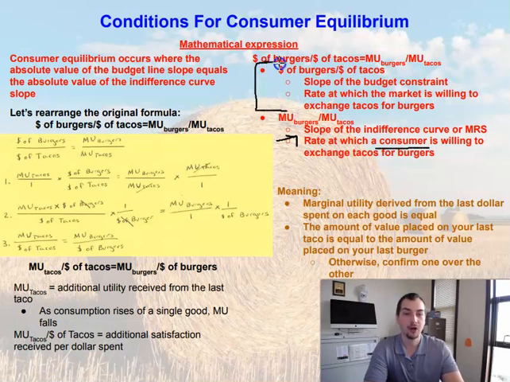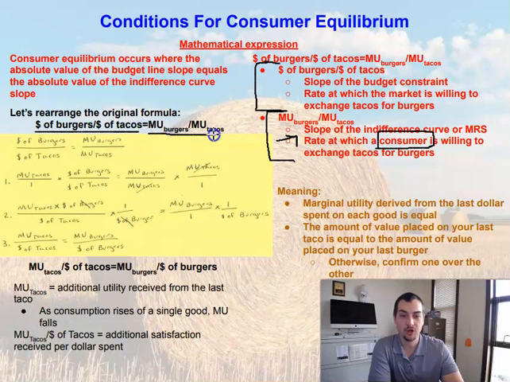What is the value the market places on them? Versus the marginal utilities, the slope of the indifference curve, which looks at what the individual consumer is willing to exchange. So we know that at consumer equilibrium, the slope of the budget constraint is equal to the slope of the indifference curve.